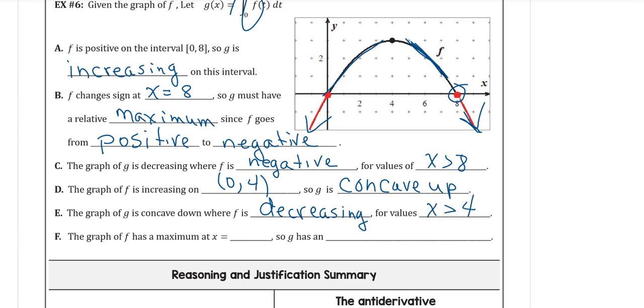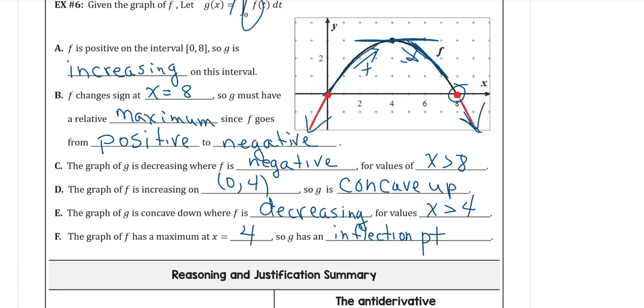Okay, so the graph of f has a maximum at 4, and so g of x has an inflection point. And how we know that is we have a horizontal tangent line here, and this graph is going from increasing to decreasing slope.